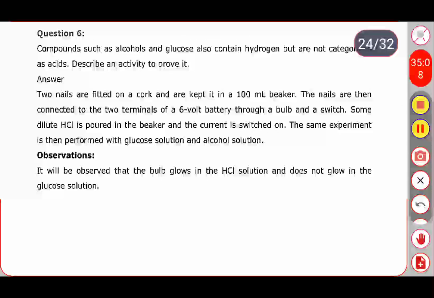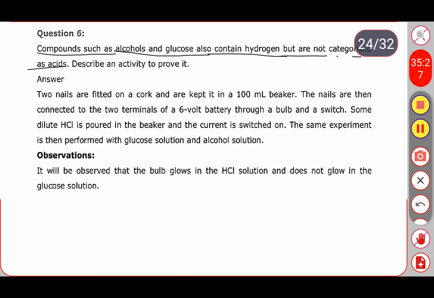Compounds such as alcohol and glucose also contain hydrogen but are not categorized as acids. Describe an activity to prove it. Two nails are fitted on a cork and kept in a 100 ml beaker. The nails are then connected to the two terminals of a 6-volt battery through a bulb and switch.